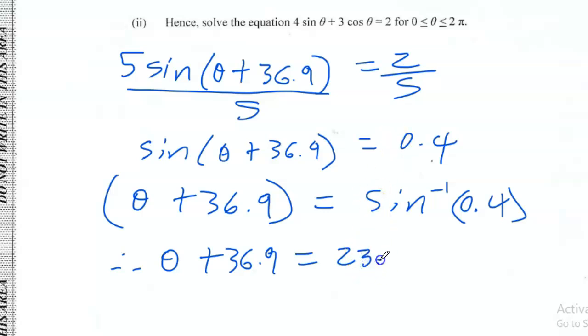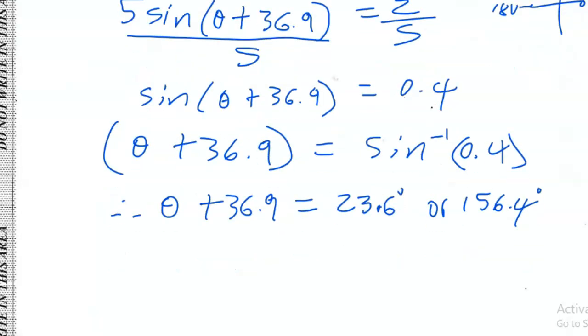So it's 23.6 degrees. But remember, sine is also positive in the second quadrant. So to get the other angle, you'll subtract 23.6 from 180. You end up with 156.4. Alright, and then to get theta, you'll add 36.9 to both sides.